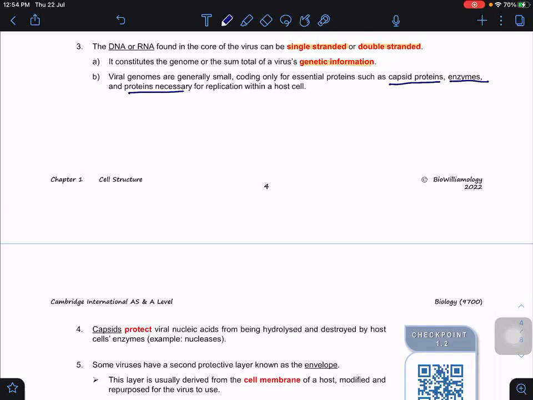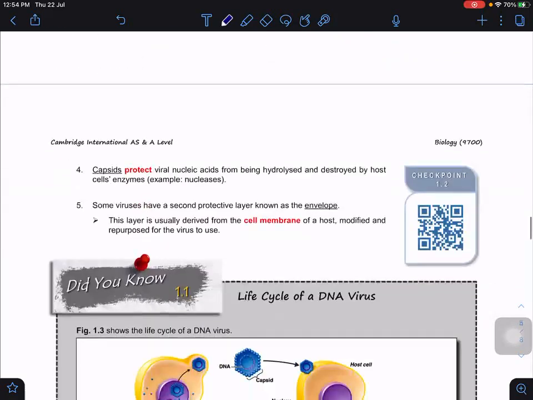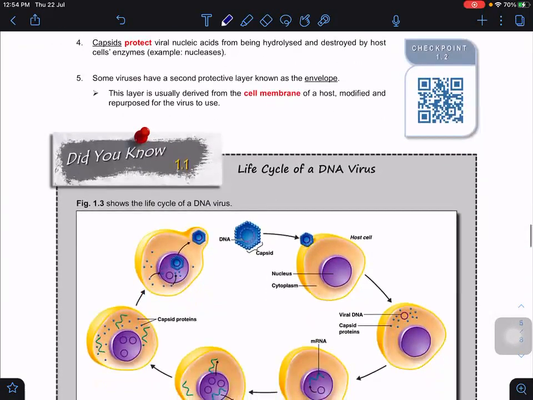So the important part you need to know is number 3. Highlight either single-stranded or double-stranded. Then they have these capsid proteins. So what is the function here? The capsid, or the protein coat, is the viral protective layer. It helps to protect the nucleic acid from being hydrolyzed and destroyed by the host cell's enzymes.